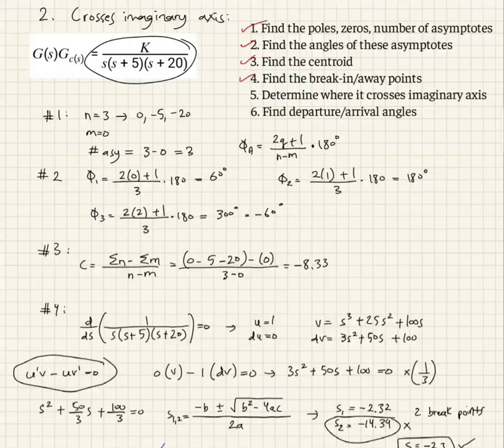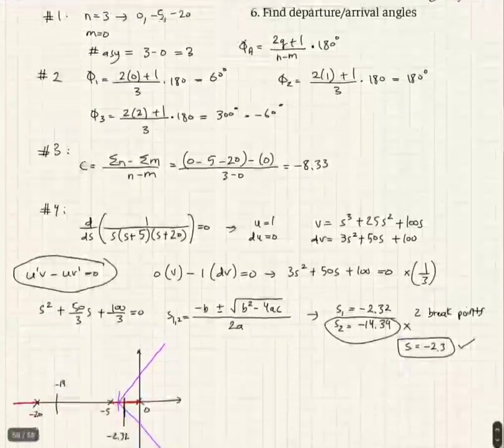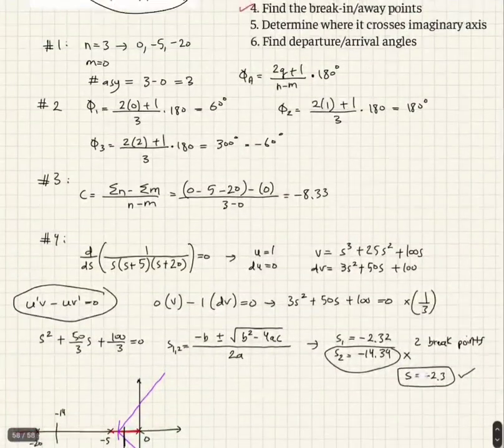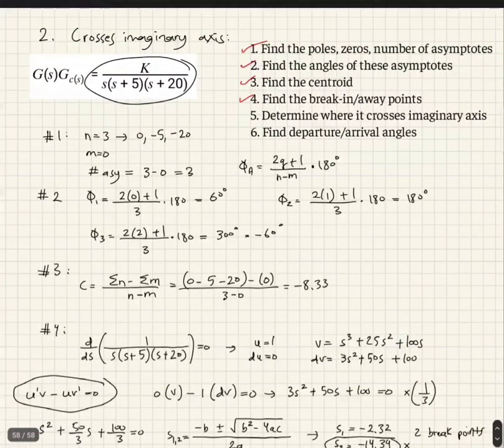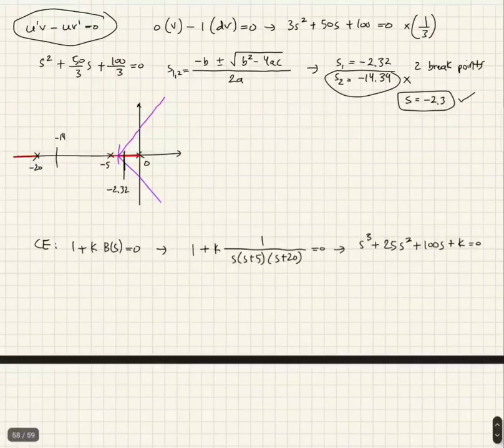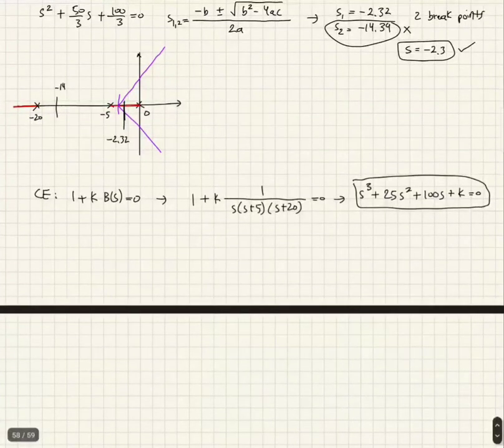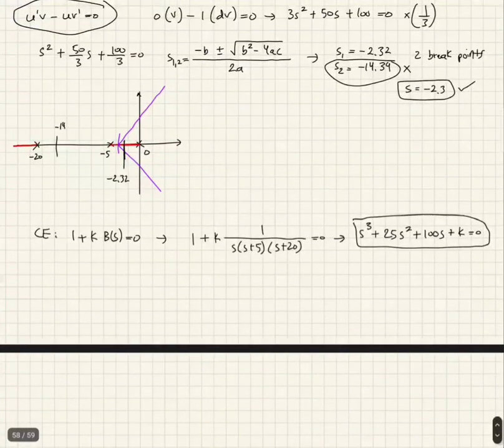Now we have to determine where it crosses the imaginary axis. And we have to take the characteristic equation, which I'm going to write based on what we have here. Okay, so this is the characteristic equation that we are going to use to find where this locus crosses the imaginary axis. So far from the angle of asymptotes, we have a rough idea.